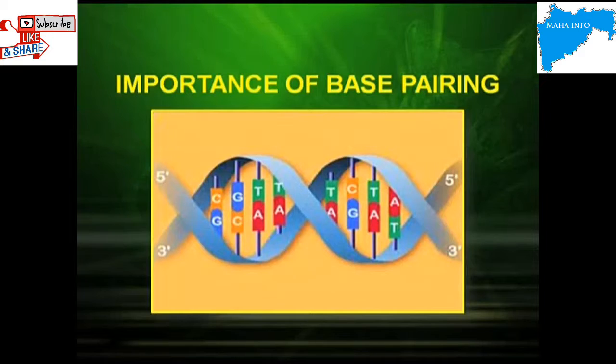As we know, C always pairs with G and A always pairs with T. So, if one strand contains A, G, C, then because of the base pairing, we will be able to predict the nitrogenous bases of the other strand.